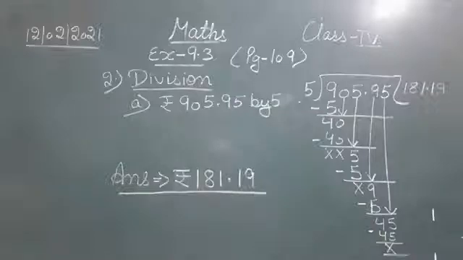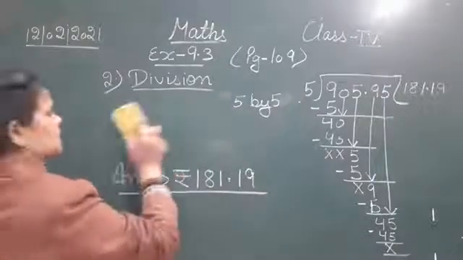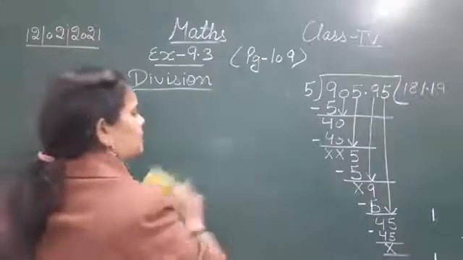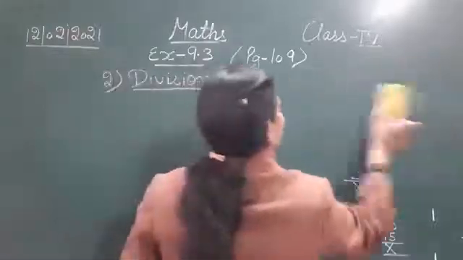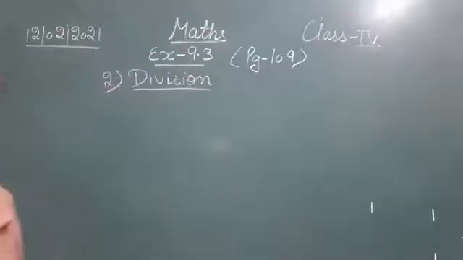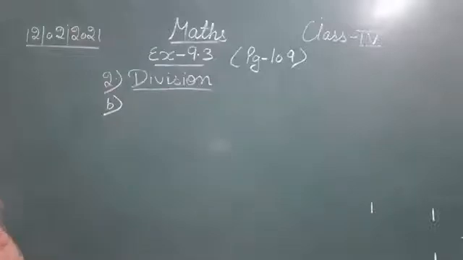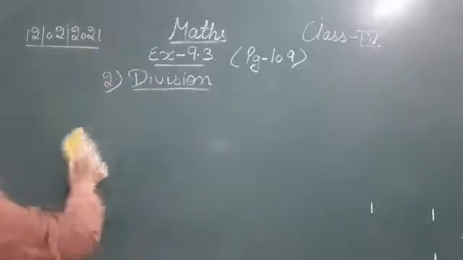Okay, so let's do one more question of the division. For the practice, let's do the B part of the same sum number 2. So I'm moving to the B part.